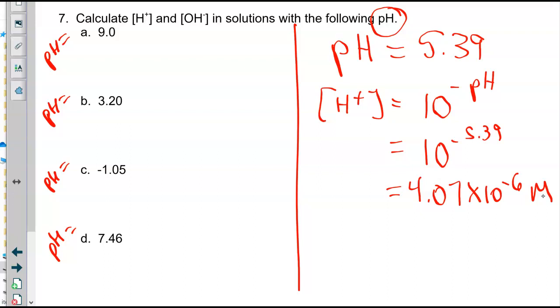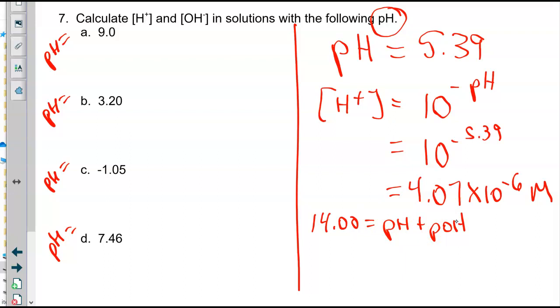So to do that, we have to do one of 2 things to get the other value. We don't want to start with pH equals, I apologize. We want to start with 14.00 equals pH plus pOH.